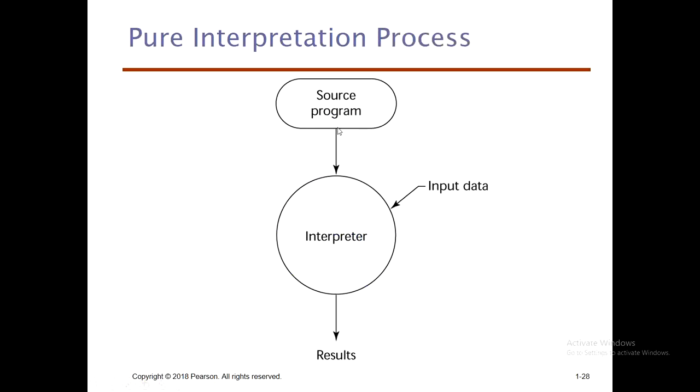The source code is sent to the interpreter. If you have outside input data, then it is added to this program interpreter, and then it gives you the result.